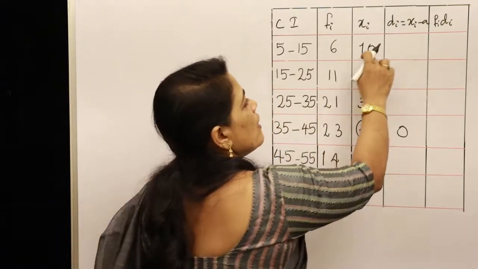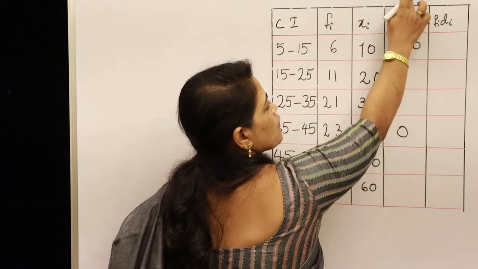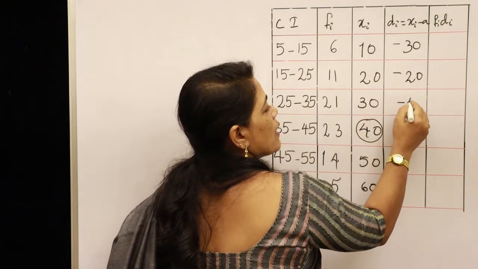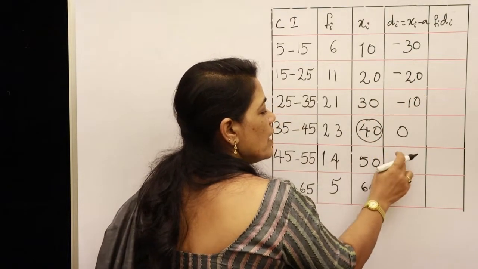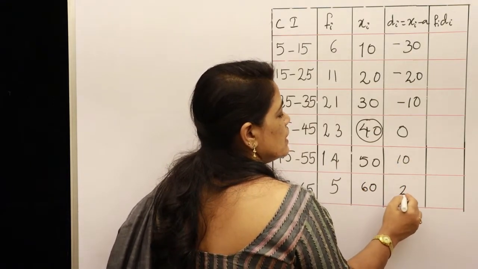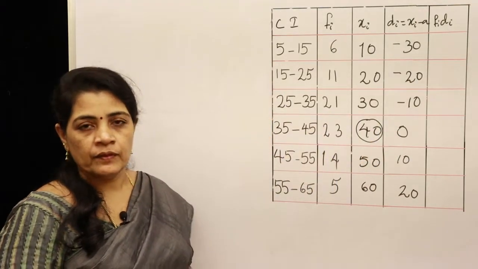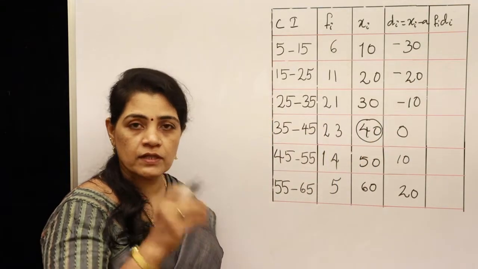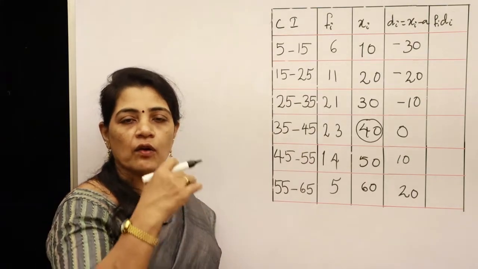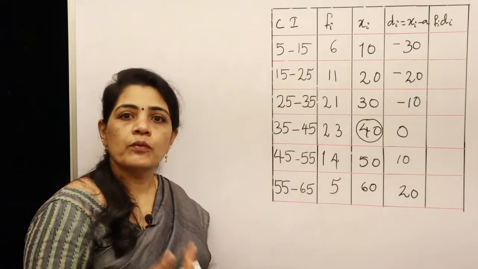So 10 minus 40 is minus 30, 20 minus 40 is minus 20, 30 minus 40 is minus 10, 50 minus 40 is 10, 60 minus 40 is 20. Here 40 minus 40 comes 0. The remaining you can easily find out. All the entries above 0 will be negative and below it will be positive.